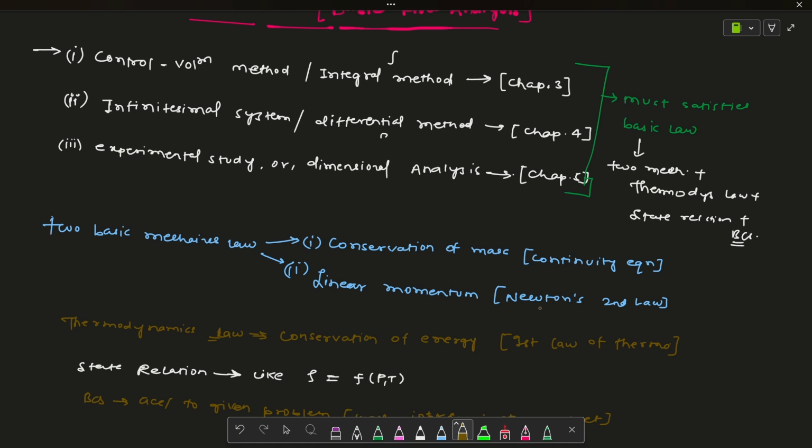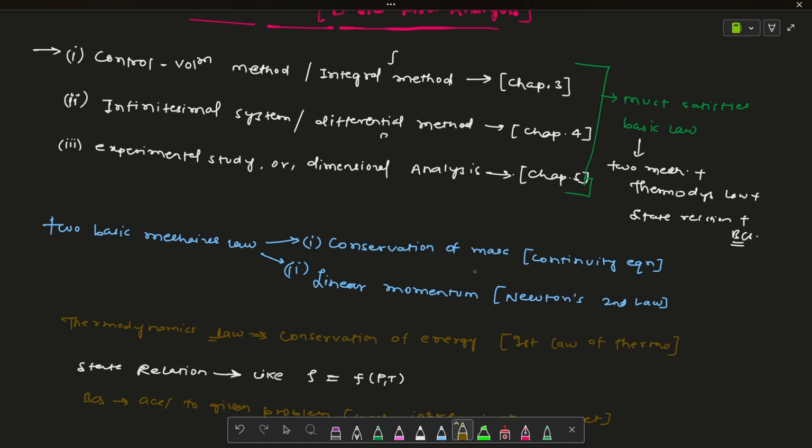Please don't get confused, we are going to discuss each thing one by one. First we will discuss conservation of momentum and conservation of mass. Whenever we try to solve any problem in fluid dynamics, we will first apply conservation of mass. Then we will use linear momentum, Newton's second law, which will vary according to the problem.